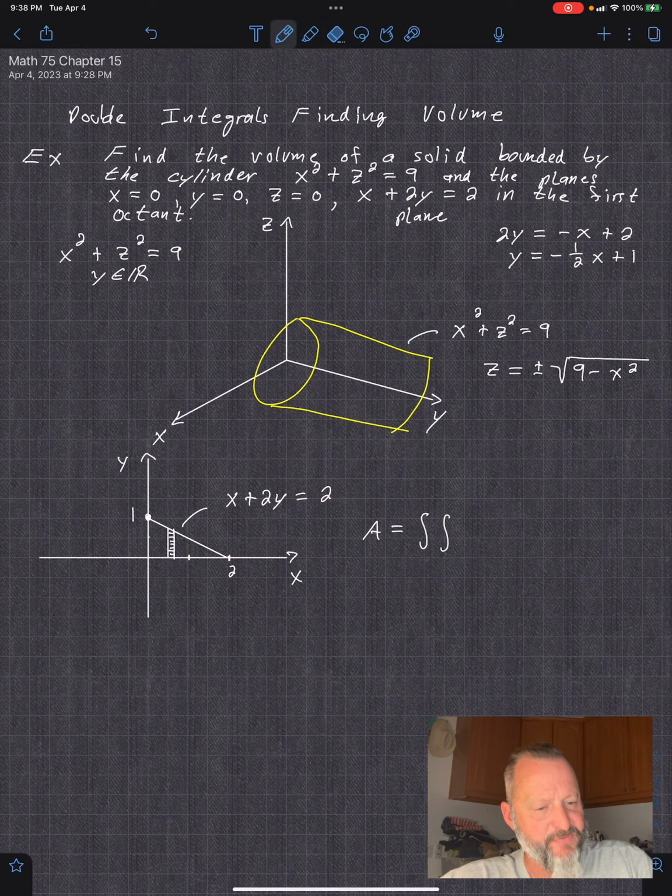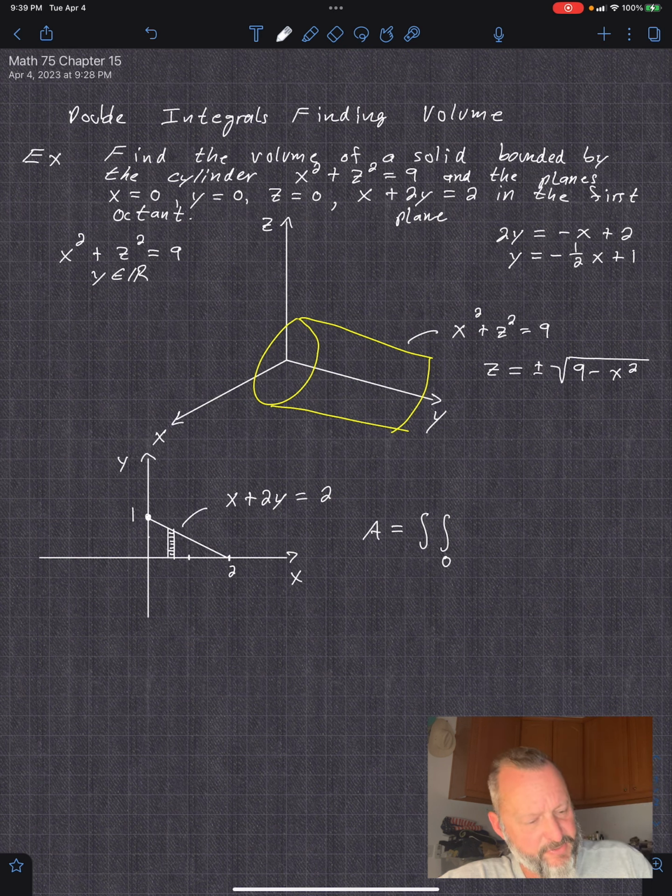As I mentioned before, that is the outside, because that has to be your constants. But the variable is the y. So we're going from y equals 0 to the top, which is the line.